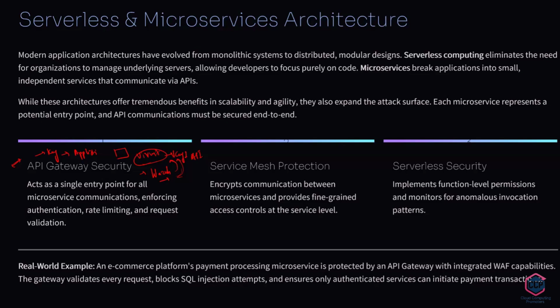And serverless security means implementing function-level permissions and monitoring for anomalous invocation patterns. As during our second or third session, we discussed IPS and IDS, which work at your switch level.